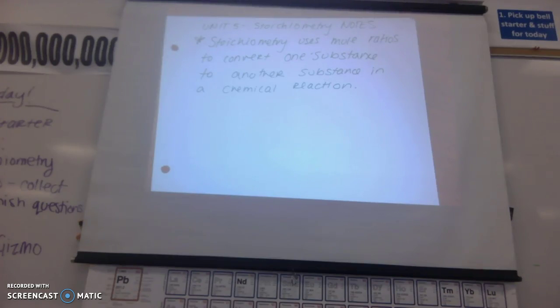On Tuesday, you converted aluminum to copper. So we want to be able to predict how much copper we should be able to create from that amount of aluminum.